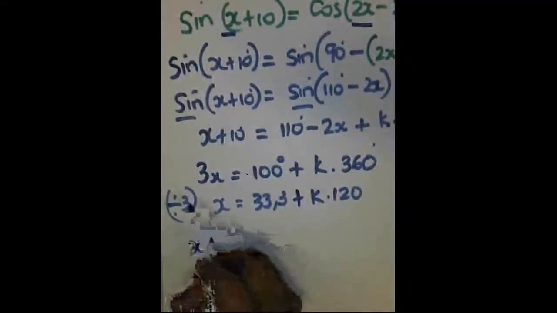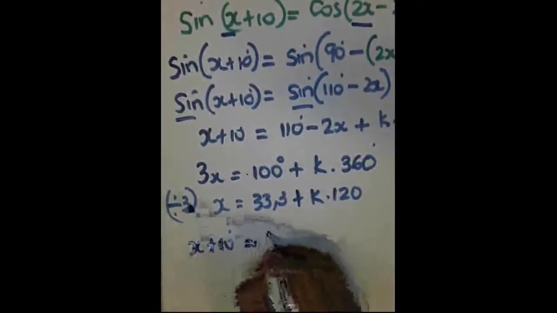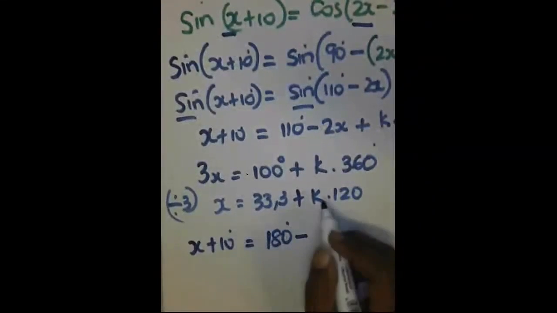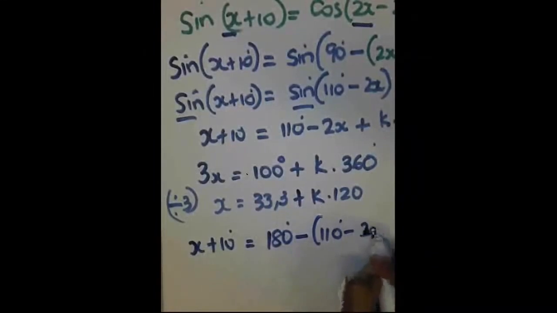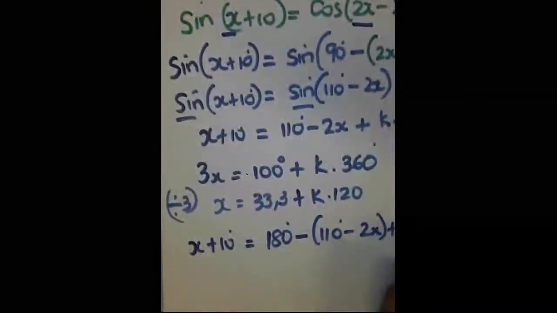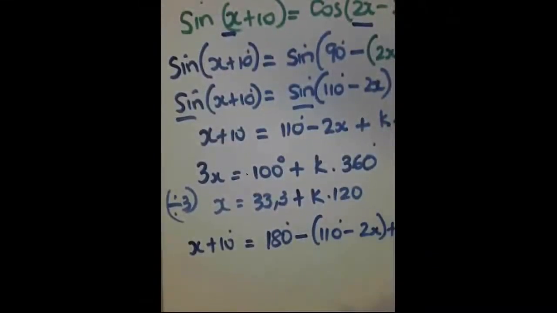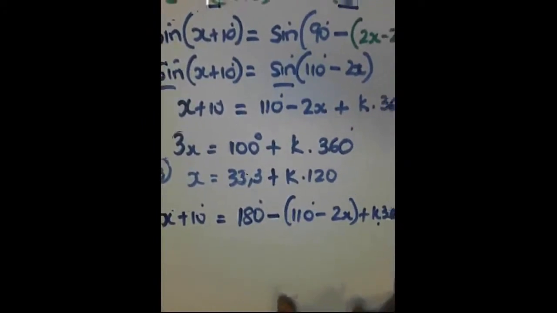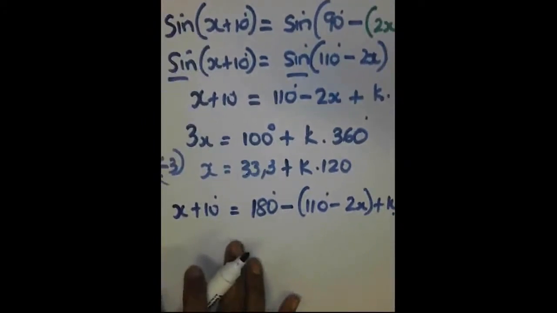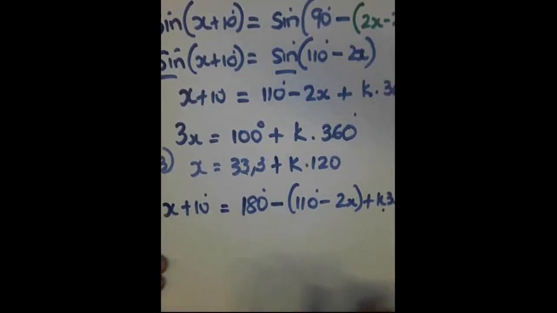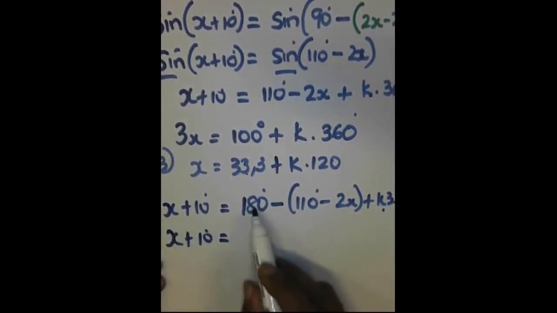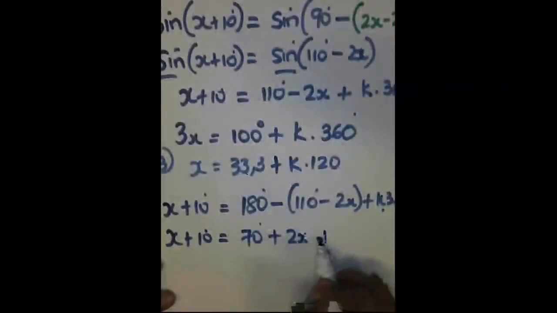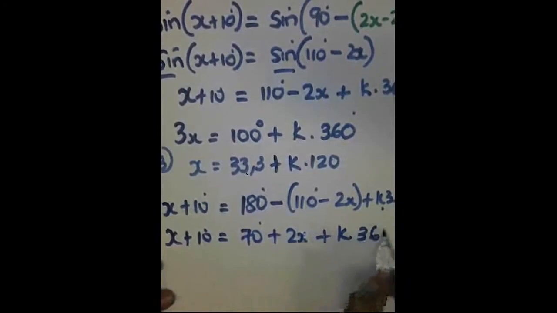So, x plus 10 degrees must be equal to 180 degrees minus 110 minus 2x, plus k times 360. See? Because sine is positive in the first and in the second quadrant, not the first and the fourth. I'm thinking of cos. So x plus 10 degrees is equal to, this will give me 70 degrees plus 2x plus k times 360.